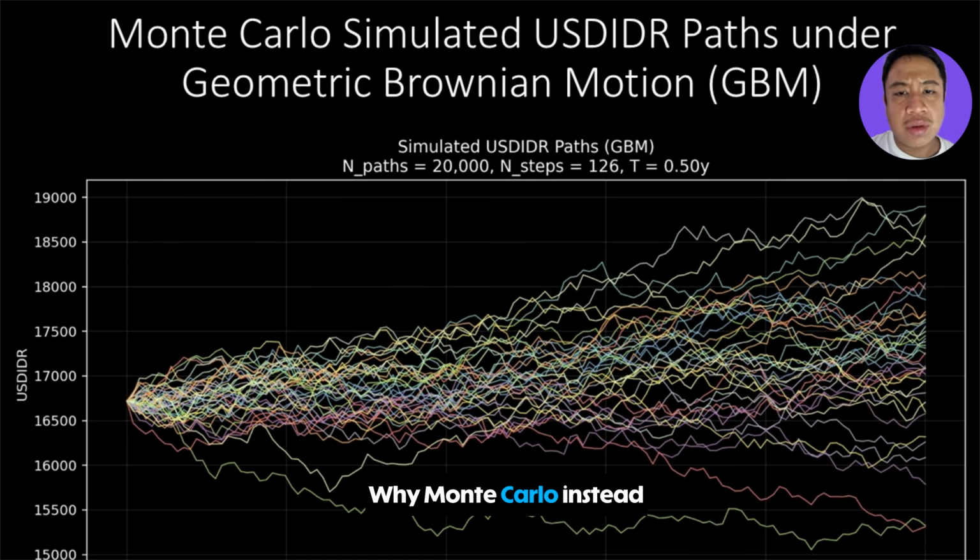Why Monte Carlo instead of Black-Scholes? Black-Scholes only cares about S0 and ST, great for European vanilla options. Exotic options, especially FX structured products, depend on the whole path, averages, maximums, barriers being hit, and so on. With Monte Carlo, we can recycle the same paths to price any payoff that is a function of the path. That's why banks love this approach for complex books.